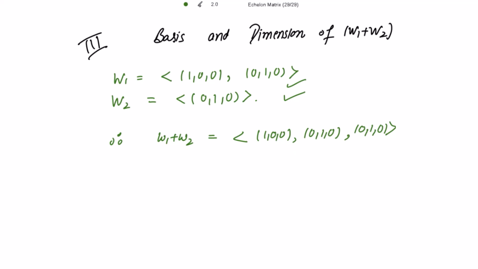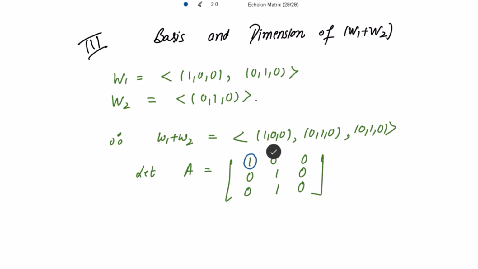Let's write these vectors in matrix form. Let A be the matrix. For the first row, I have the leading entry as 1, and because all other entries below it are 0, 1 becomes the leading element for the first row. For the second row, I have the leading entry as 1.